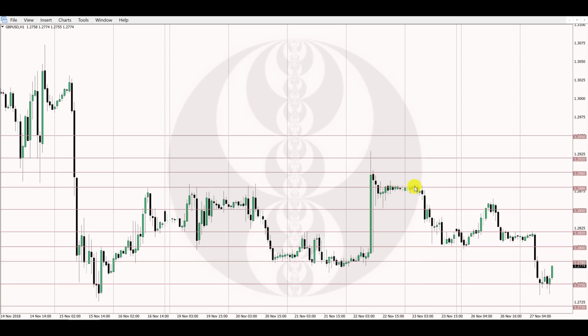We hung around the 80 level, broke away from it, came down to the big figure, traded up to the mid figure, traded down, consolidated around the 20 level, 20 acted as resistance, and then reached for the 50 level. Paused briefly around the 80, but reached for the 27.50 mid figure.